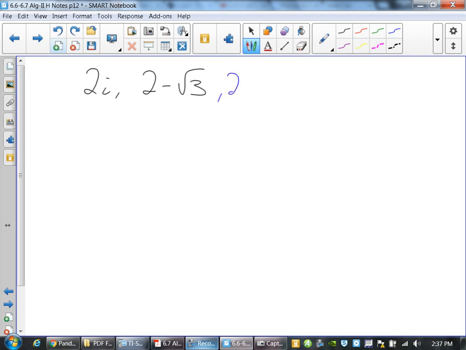I'm missing a 2 plus root 3. And a negative 2i. In order for you to get the square root, if you got a square root in an answer, you had to take the square root of both sides, and that's where you have plus or minus. You always get 2 of them.